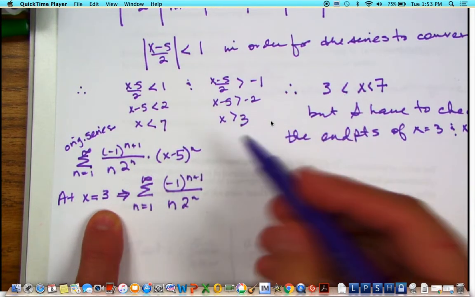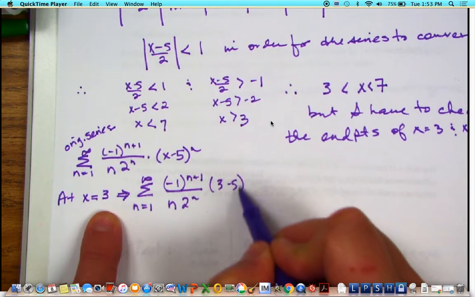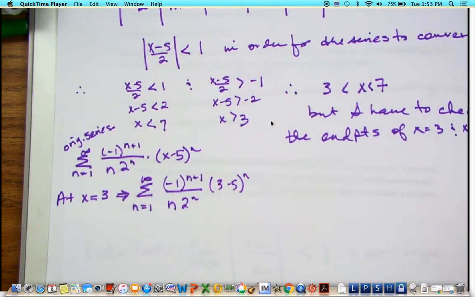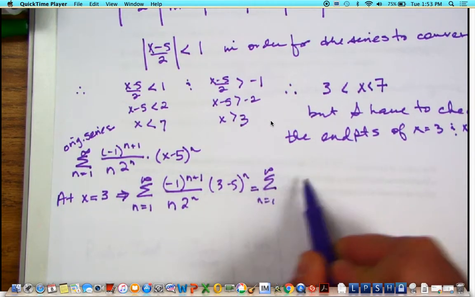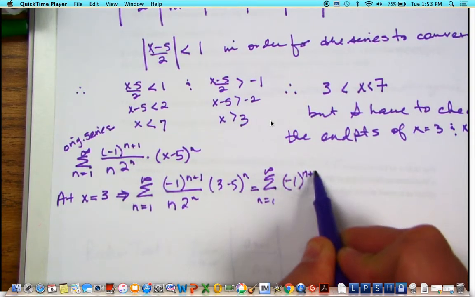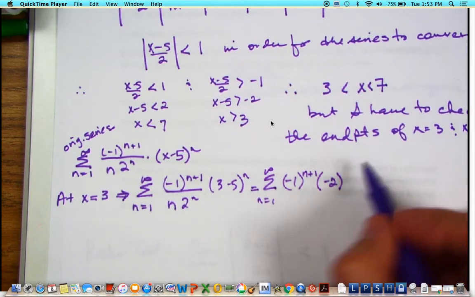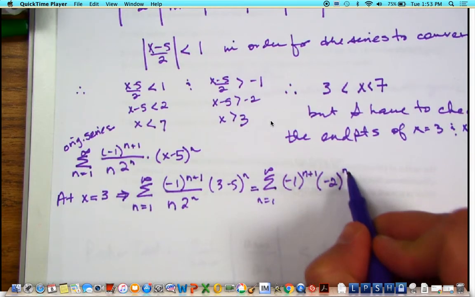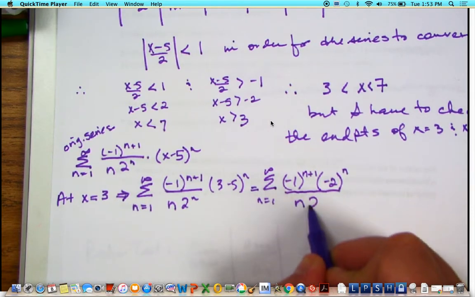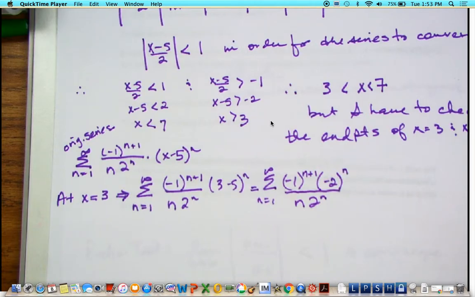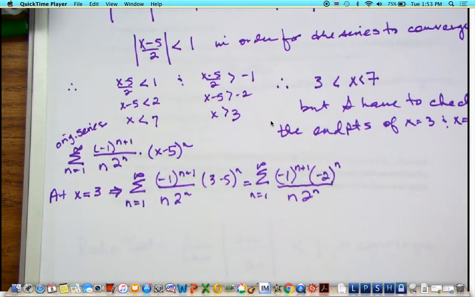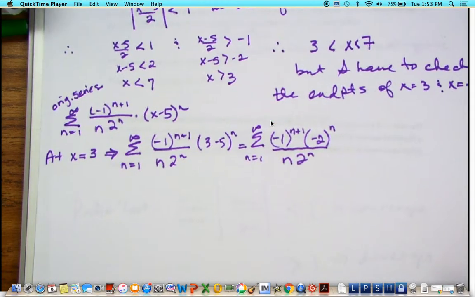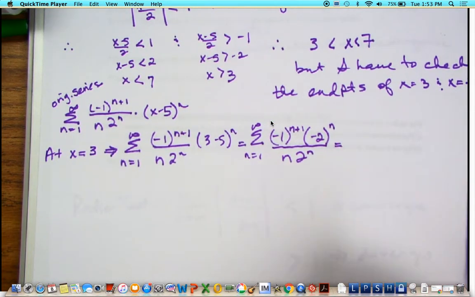Plug in 3, right? 3 minus 5 to the n, which is negative 1 to the n plus 1, negative 2 to the n over n 2 to the n. Any thoughts on what you want to do?